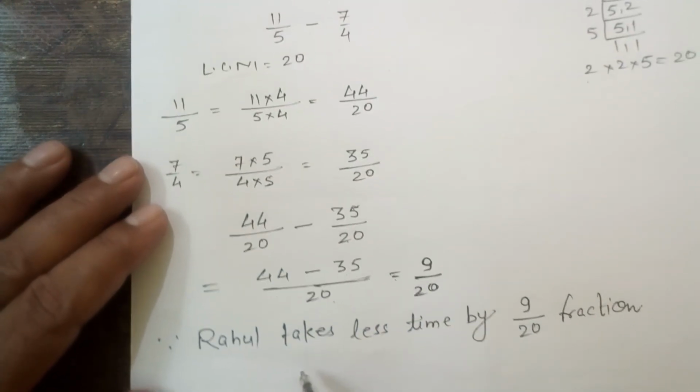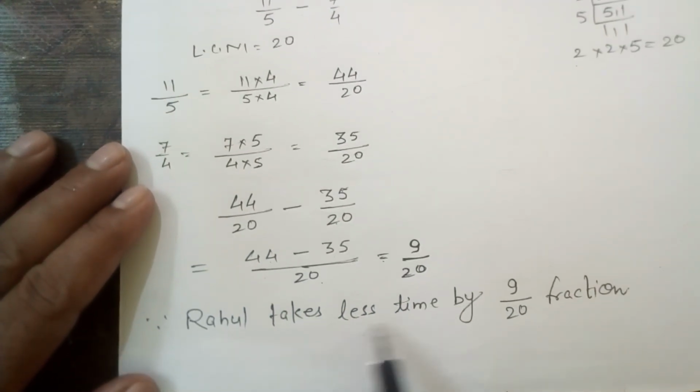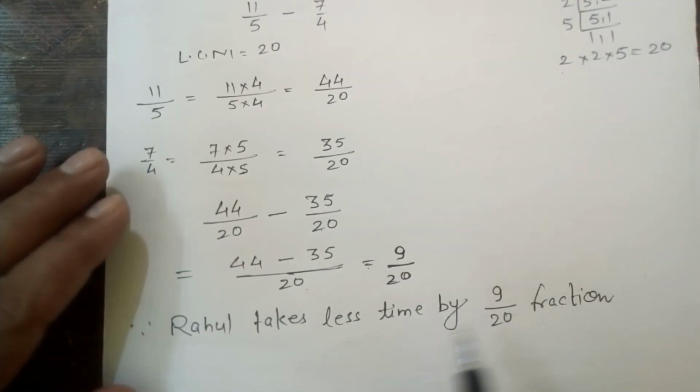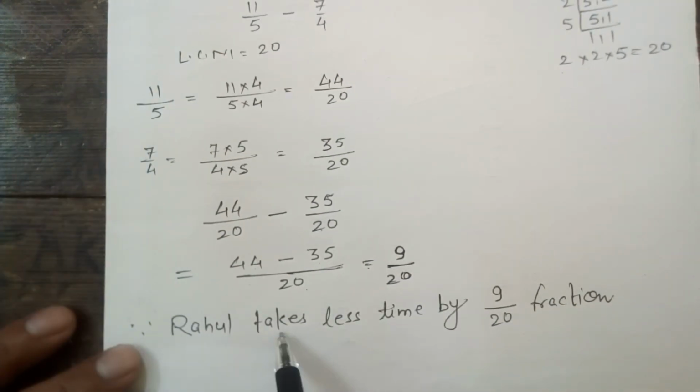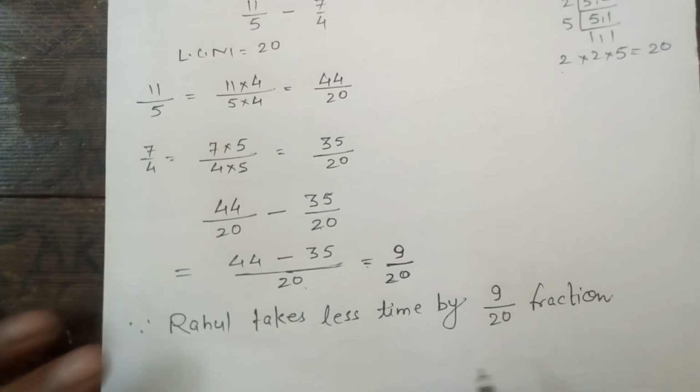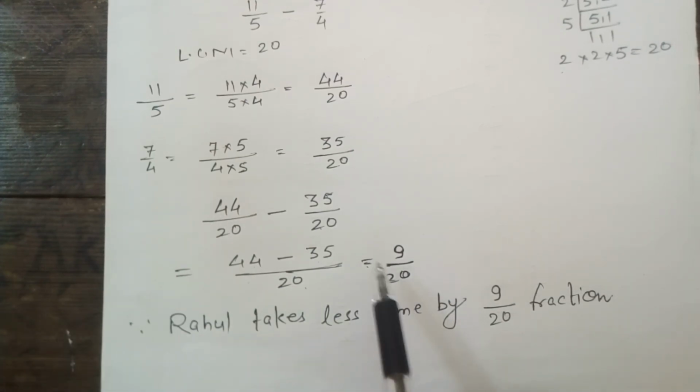The meaning is Rahul takes less time by 9 upon 20 fraction. My dear student, this is your required answer of the given question.